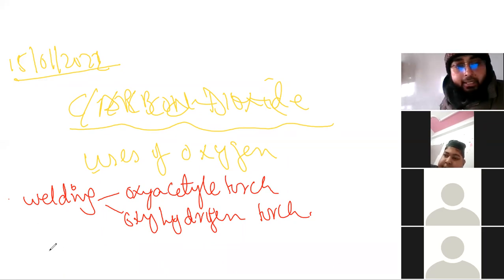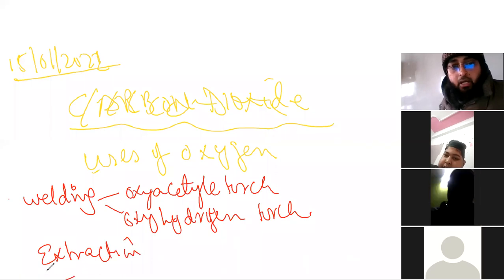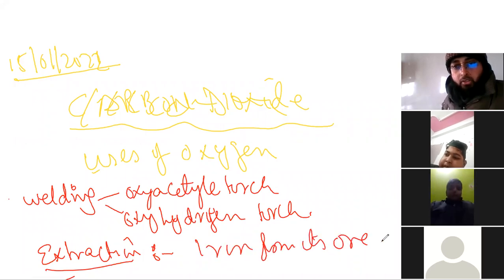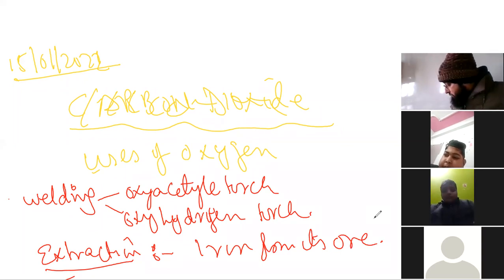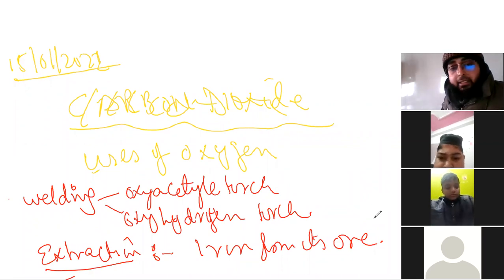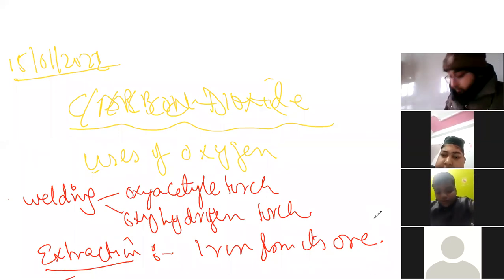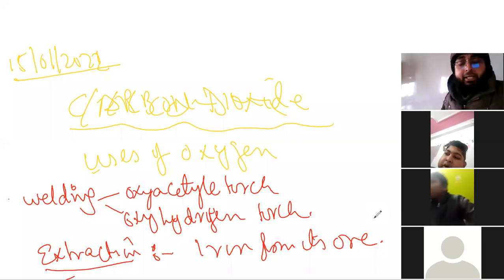Another use is extraction. Extraction means a process to take out iron from its ore. In that process, we use oxygen. Is it clear? Ore means the material from which we extract the iron.